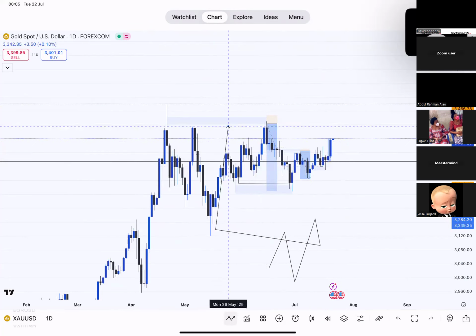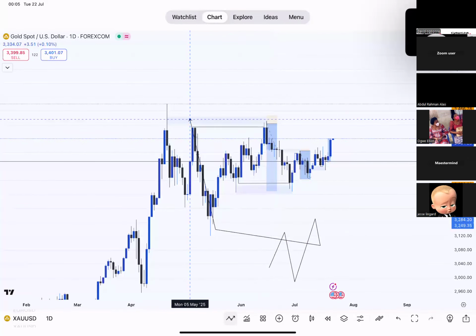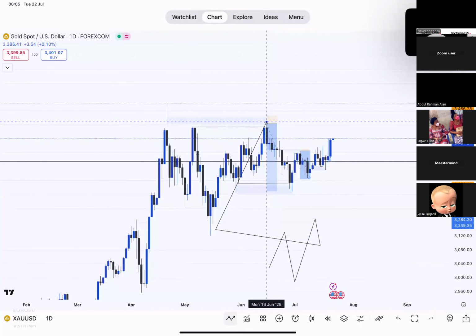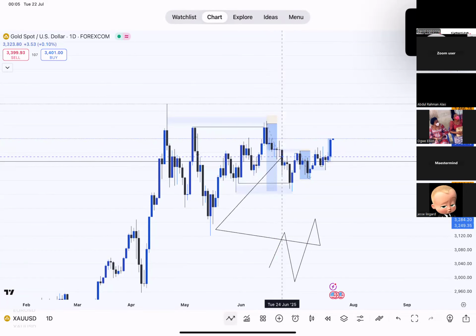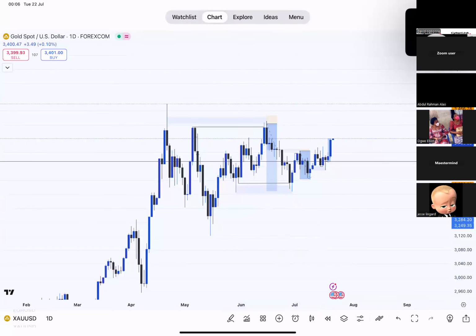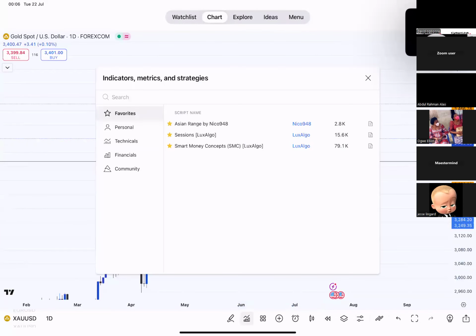The market took out this high. I'm trying to sell down from this zone. I didn't catch this particular setup initially, so I'll just mark it out because I started noticing the market is selling down. Then I took advantage of that to sell down to a certain point. I start looking for buys also because I know that this is a retracement. Gold is bullish.